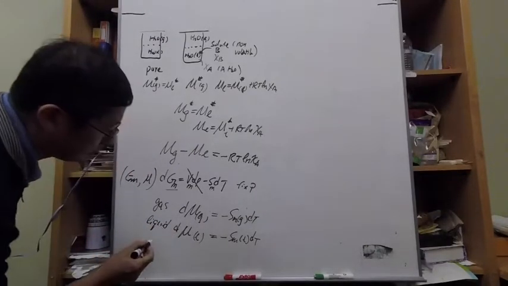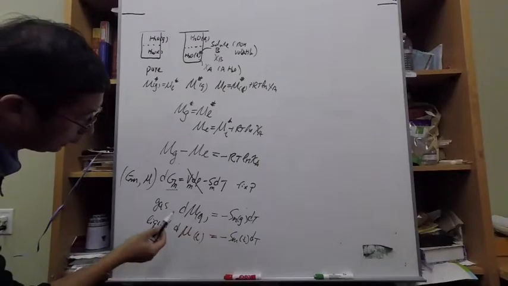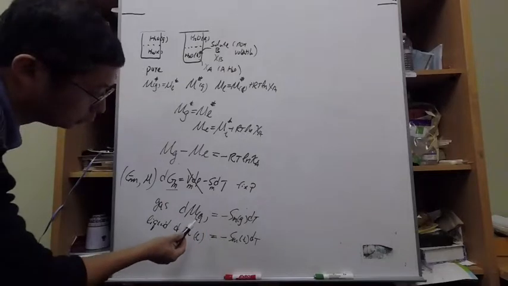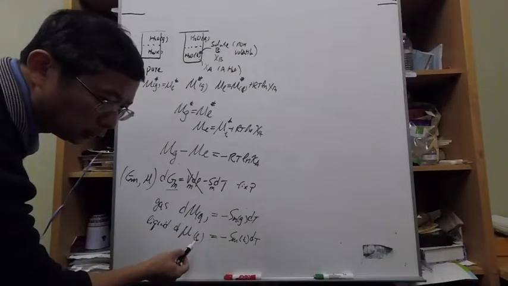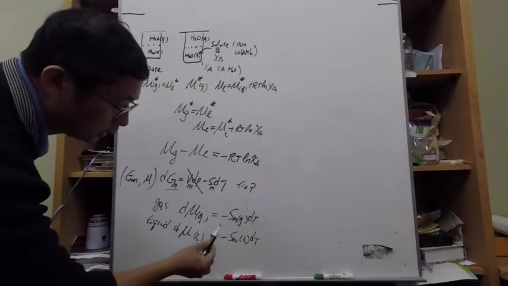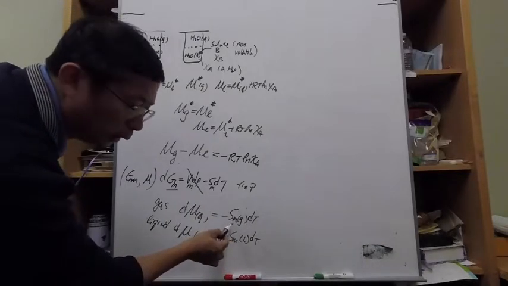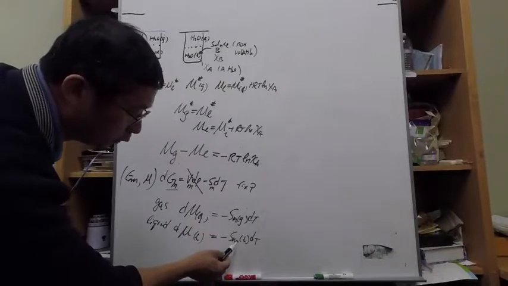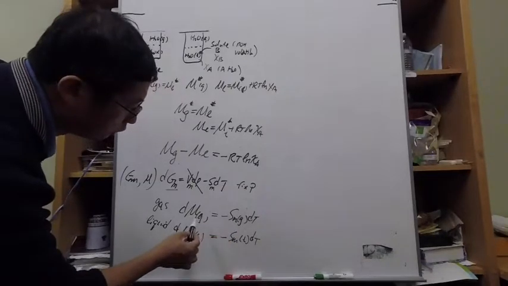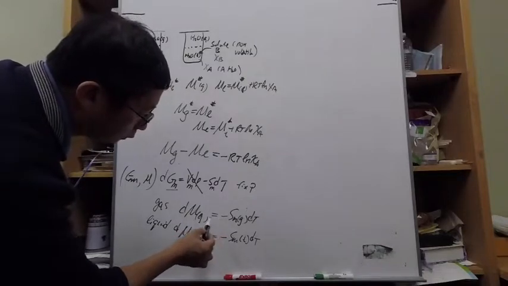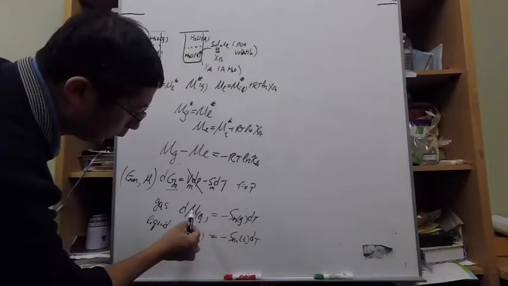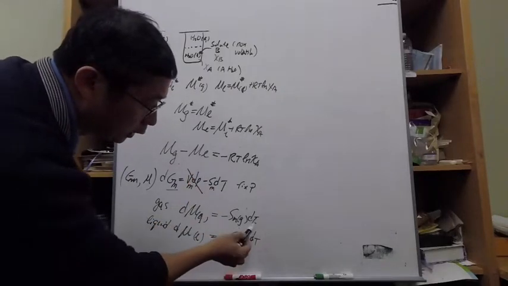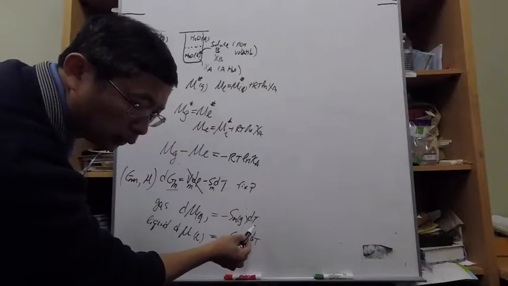Now what we have discussed in the class is that at a fixed pressure, if we start to raise the temperature, we can alter the chemical potential of the gas phase and the liquid phase, and both are dropping, except we notice that the molar entropy of the gas is always bigger than the molar entropy of the liquid in magnitude. Therefore, the chemical potential of the gas phase is going to decrease much faster as you raise the temperature to the right.